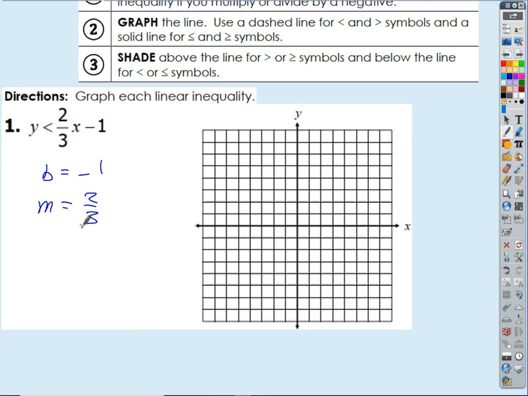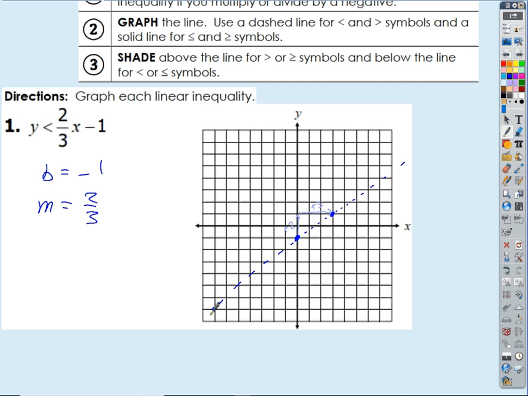So we ought to be able to get this then. Where do we start with our boundary line? Negative 1. Okay, and what are we going to do from there? Good, up 2 and right, or over by 3. Good, and that gives us a second point. And then we're just going to connect and extend with our dashed boundary line, right?